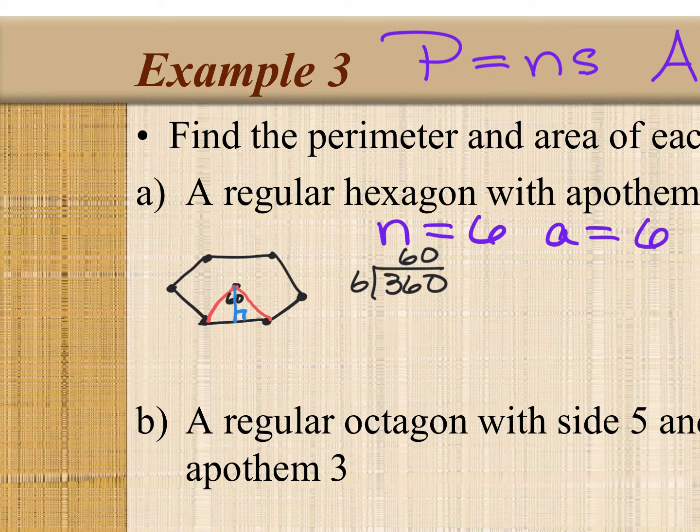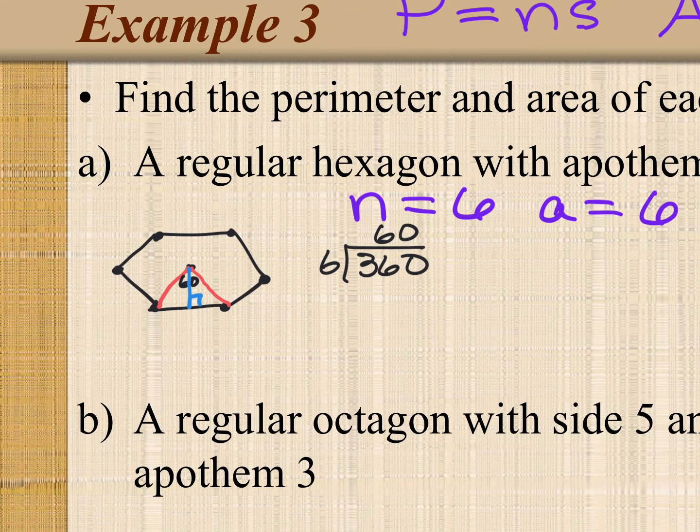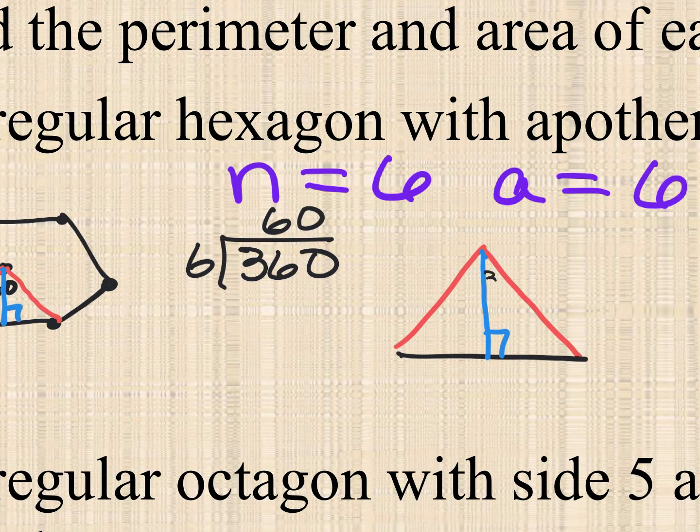So what I'm going to do is pull that triangle out of the hexagon so we can zoom into it and focus on it a little bit better. So let me go ahead and draw the 2 radii, and then the side, and draw in the apothem. Remember, originally, this angle up here was 60, but it's been bisected, so now this is 30, and if the bottom is 90, then this other missing angle is 60.